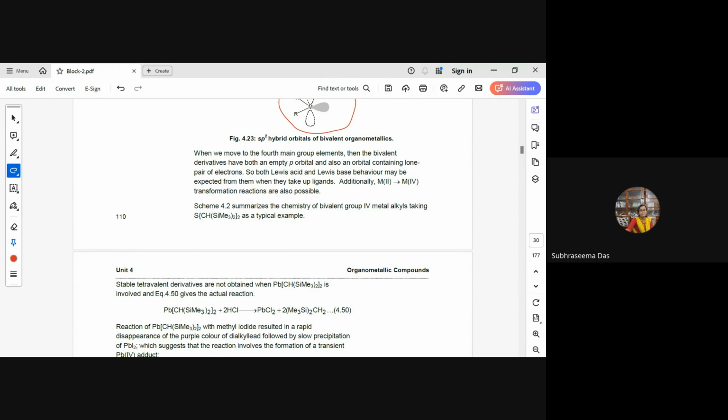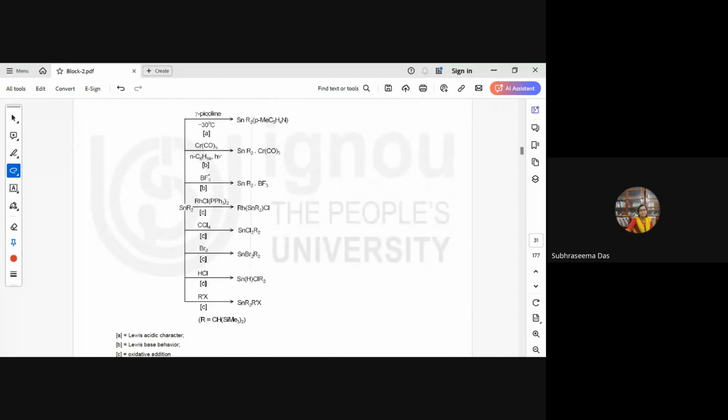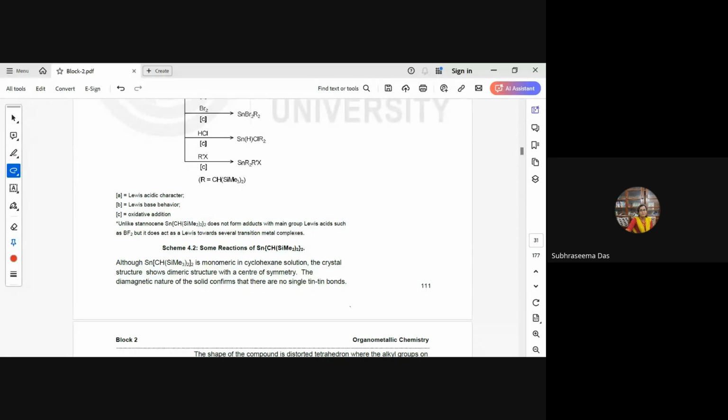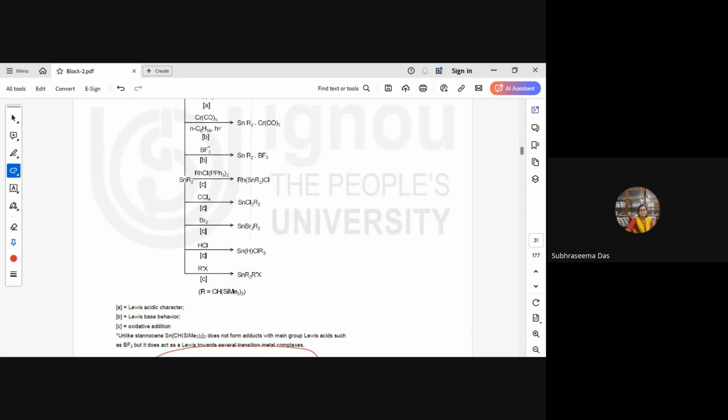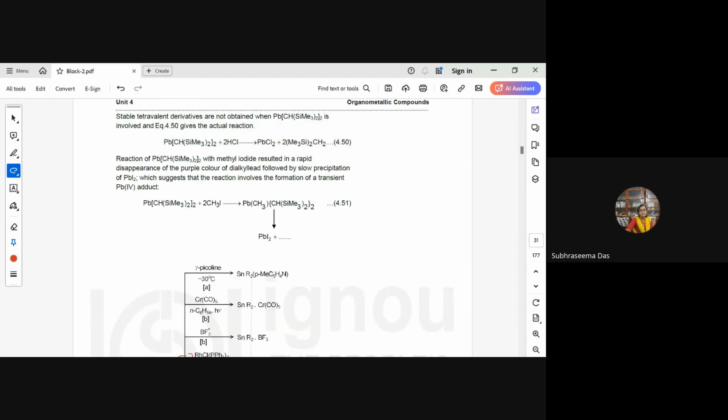So here in scheme 4.2, the chemistry of the bivalent group 14 metals is explained using a typical example. Here in scheme 4.2, some of the typical reactions of the bivalent organometallic of tin, SnR2, have been shown. These are some of the particular and peculiar reactions that occur.